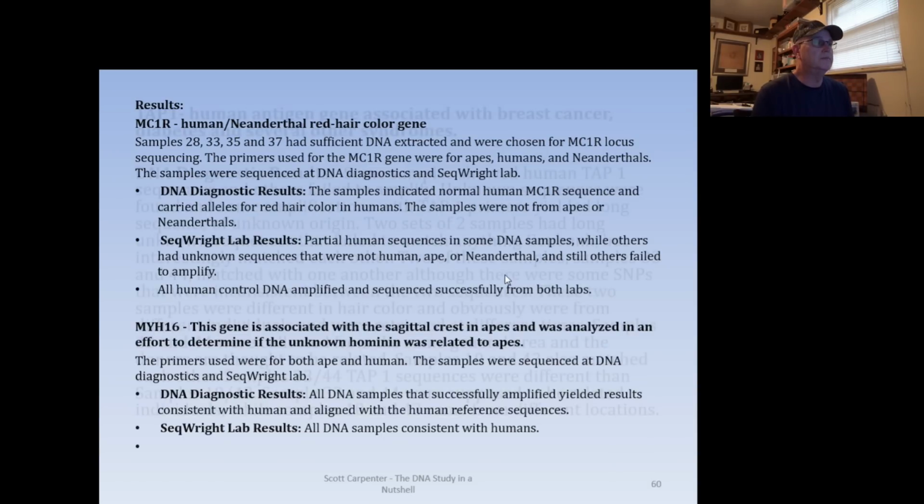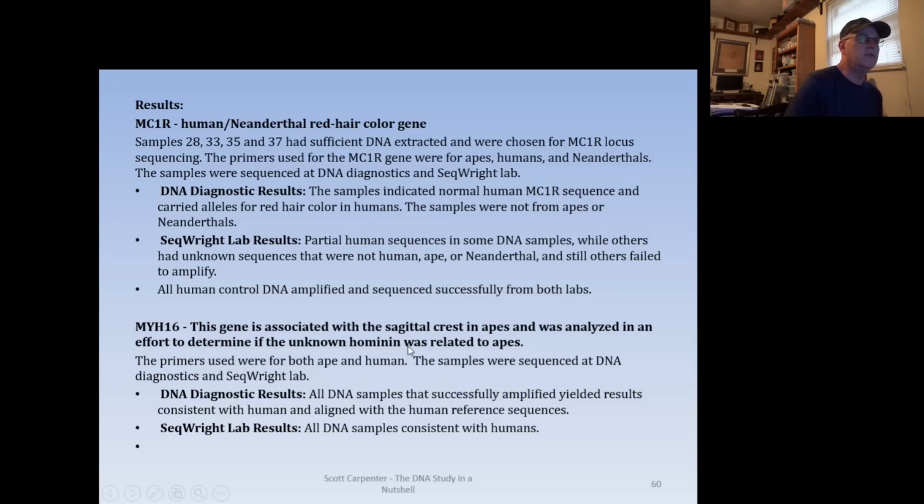The MYH16 gene is associated with the sagittal crest in apes and was analyzed, like I said, to determine if the unknown hominid was related to apes. The primers used were both ape and human. The samples were sequenced. The DNA Diagnostics Lab said all DNA samples that successfully amplified yielded results consistent with human and aligned with human reference sequences.